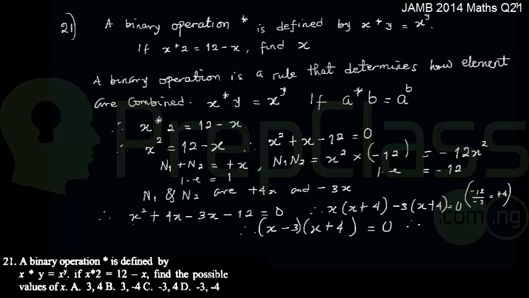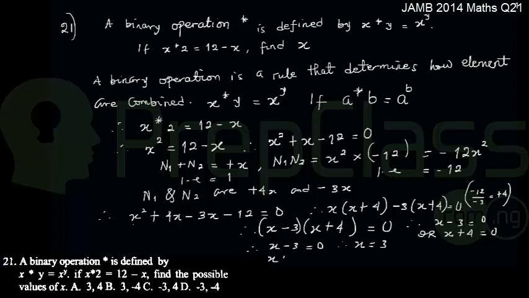When x minus 3 equals 0, taking minus 3 over the equality sign, x is equal to 3.